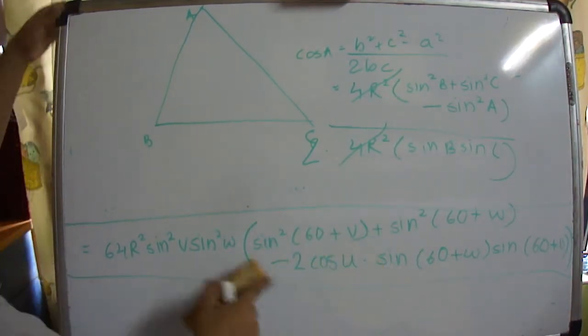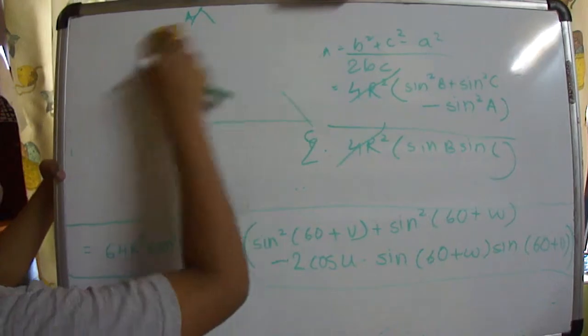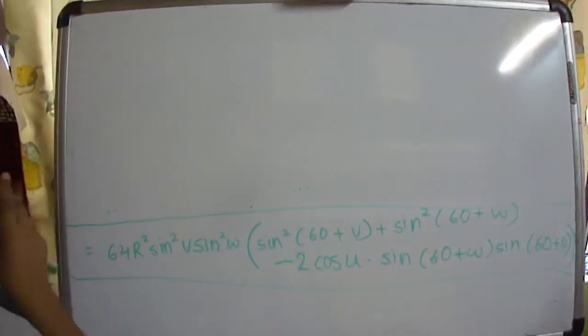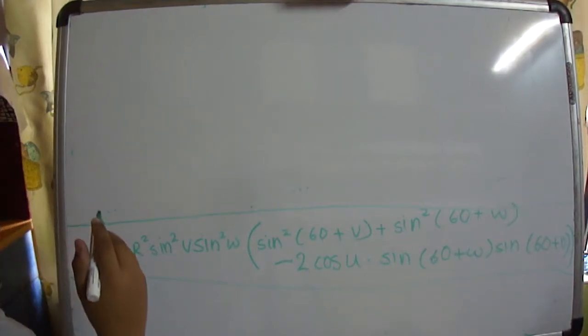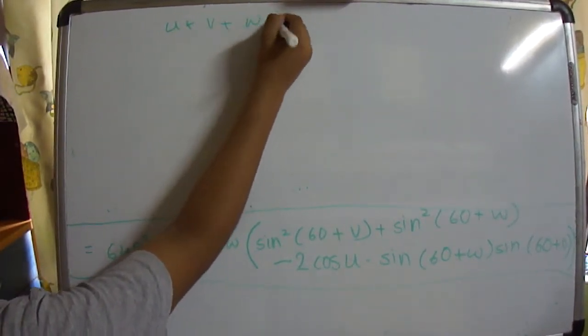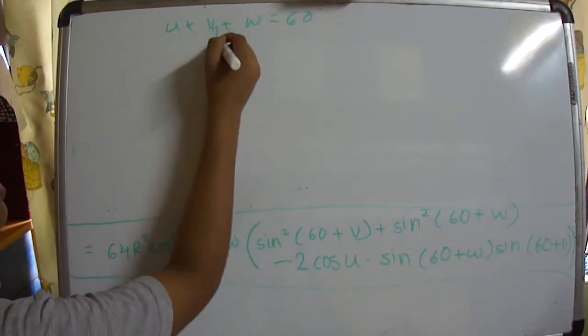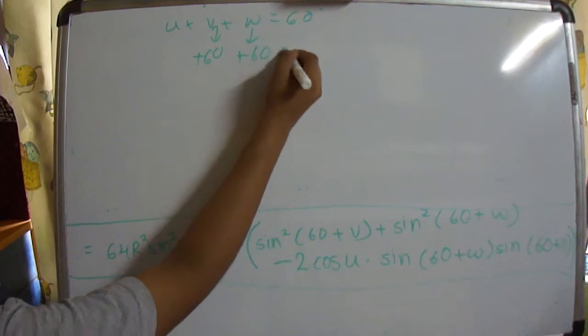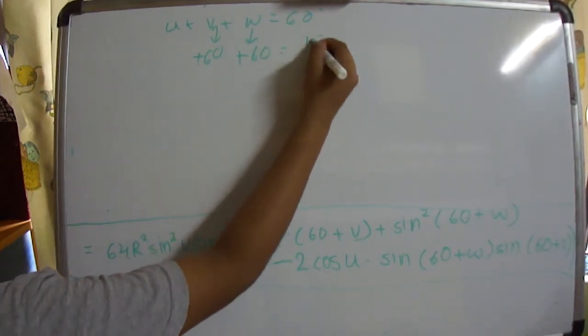We will use this concept here and simplify this thing. We know that U plus V plus W is 60 degrees. Now I can add a 60 to this and add a 60 to this, and we will get 180 degrees.